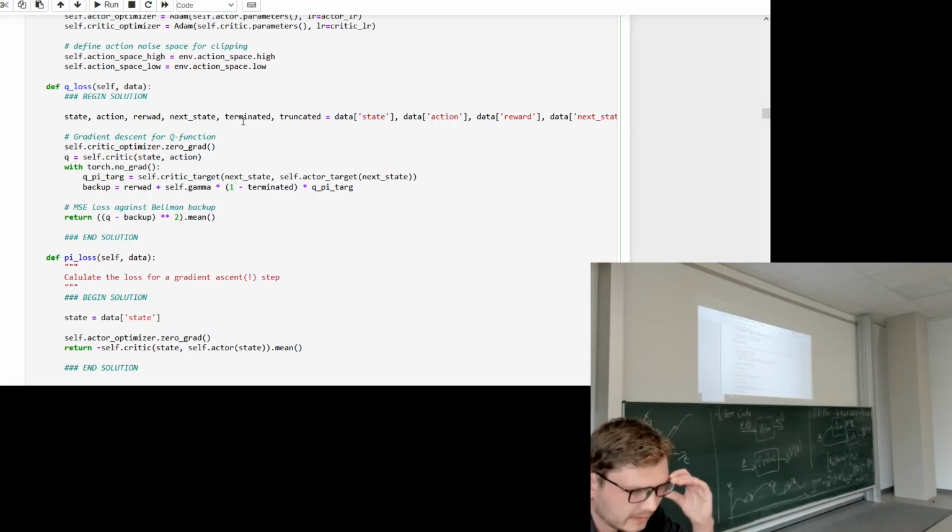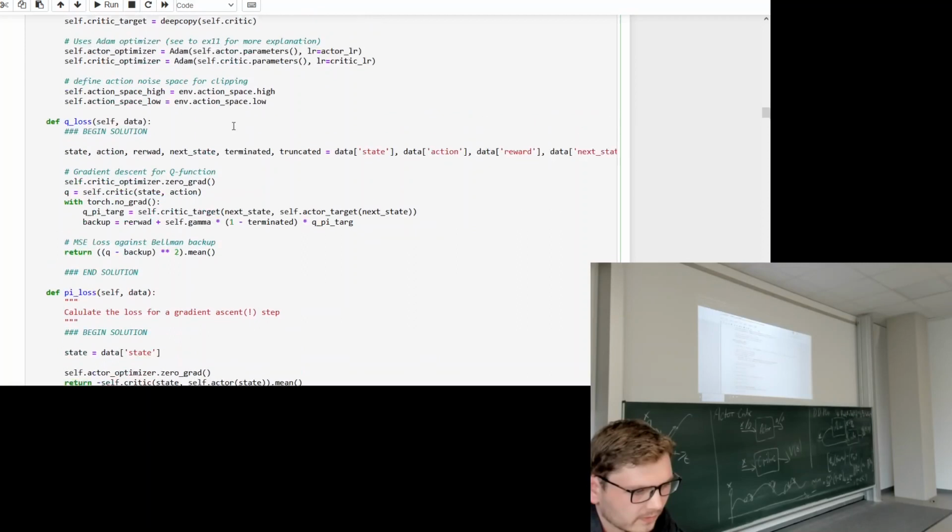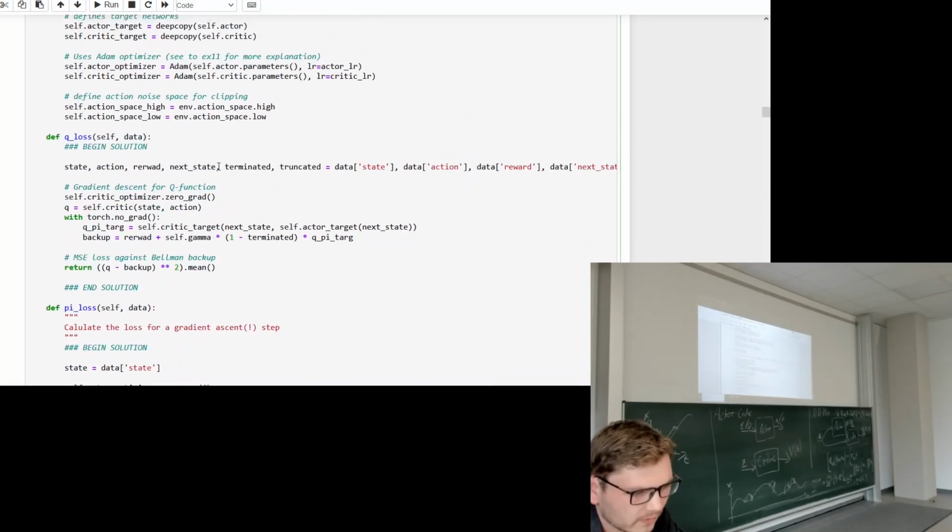And then where is it? Yeah. The action there is always the action put out by the actor. Yeah, so this is an actual sample that we have taken from the actual environment. So this is a measurement.